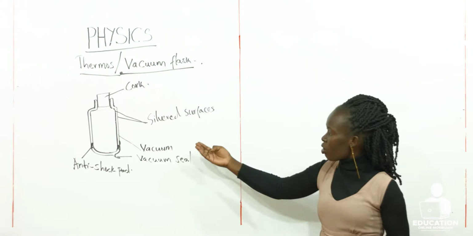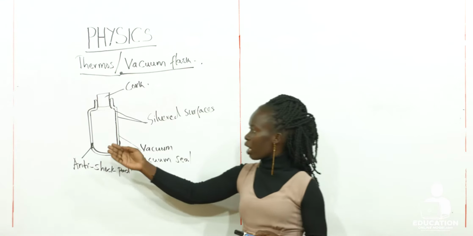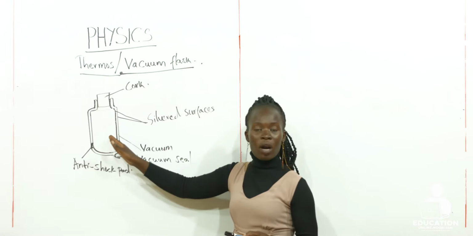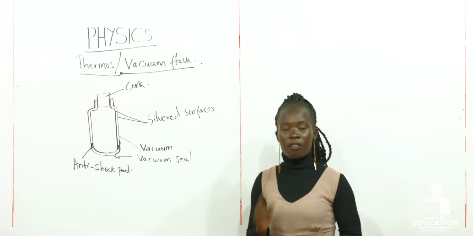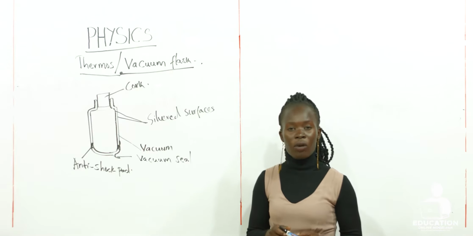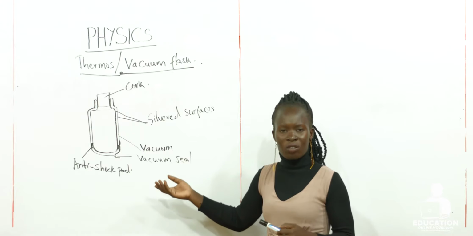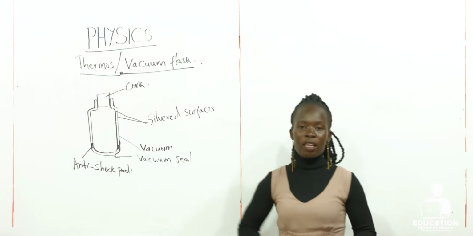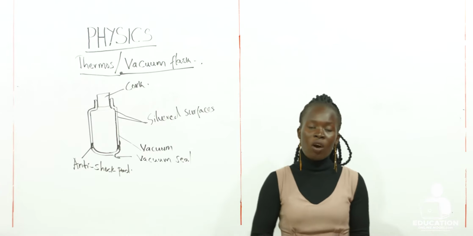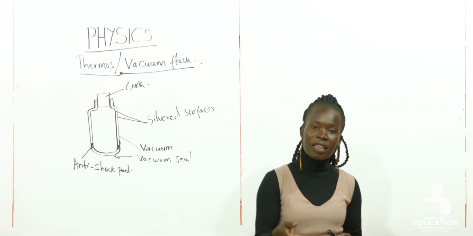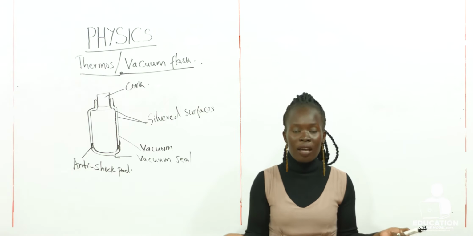So what kind of heat losses can we have here? When you keep your liquid here, sometimes you come and find that the liquid is already cold, in the case of hot liquid. Or if you had it warm, you find it has cooled already. Why? It cools because there is exchange of heat between the liquid in the flask and the surrounding environment.